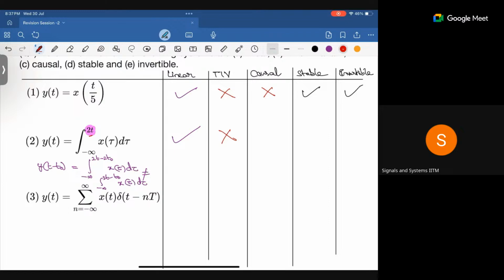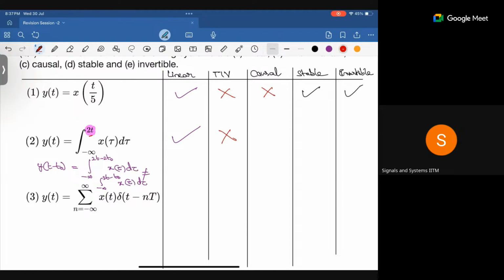Is this causal? Just look, if I want to compute y of 1, I need the input values till x of 2, because I am going to compute the area under the curve basically. Right? The integral is basically adding all the values, a continuous summation.